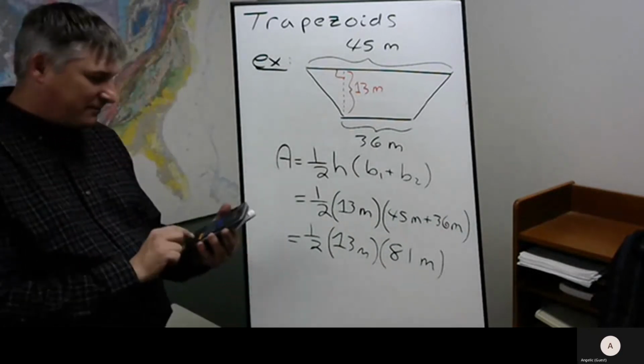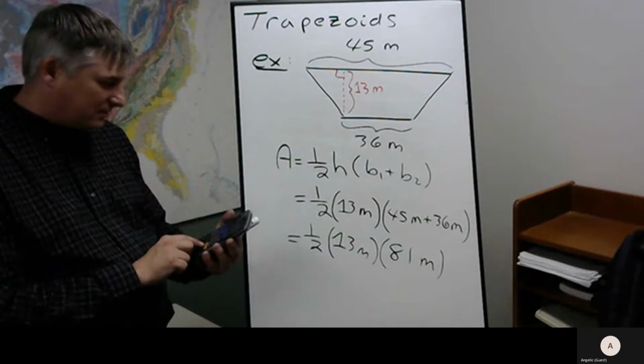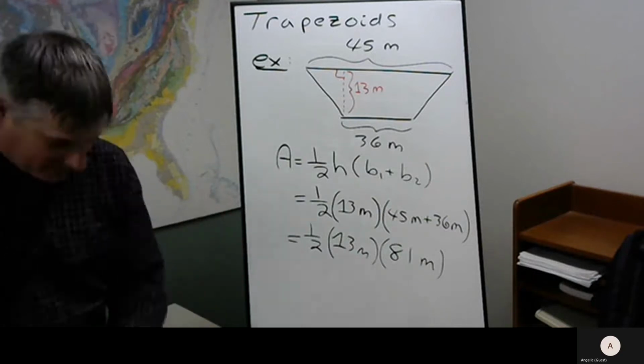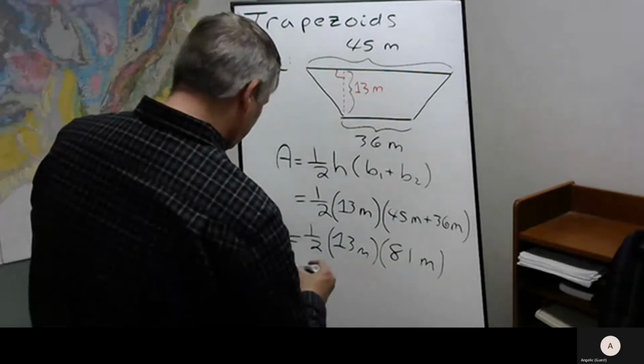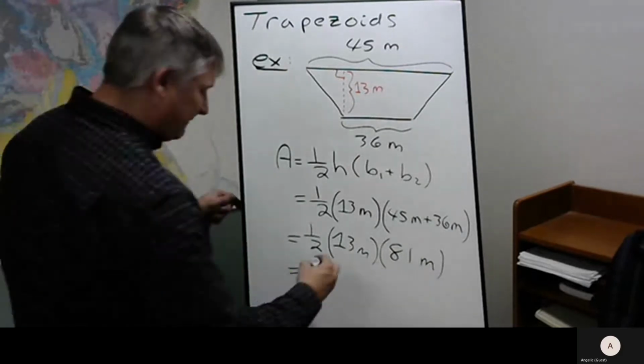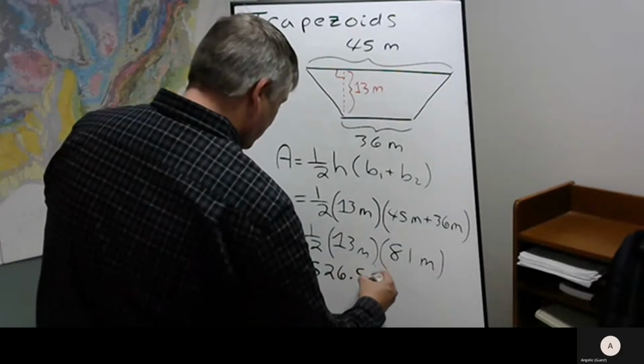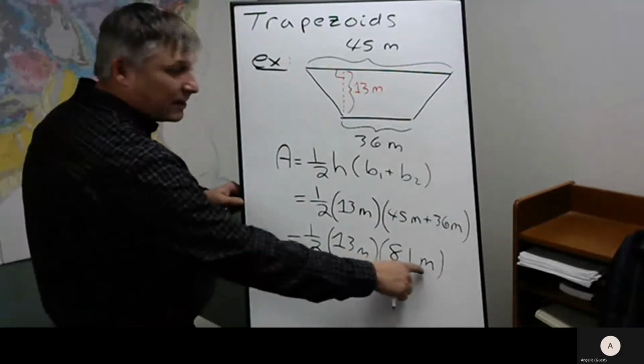We'll get 1/2 times 13 times 81. We'll get 526.5, and then meters times meters.